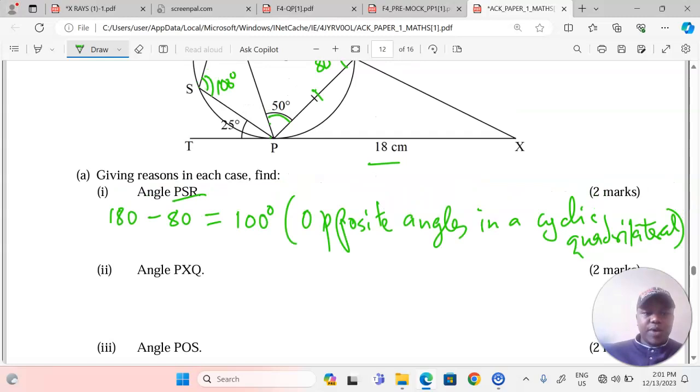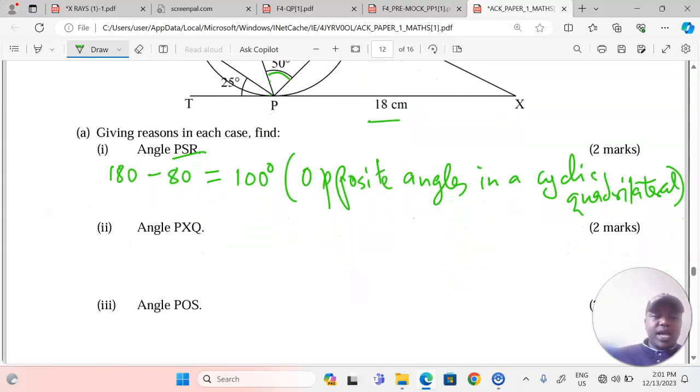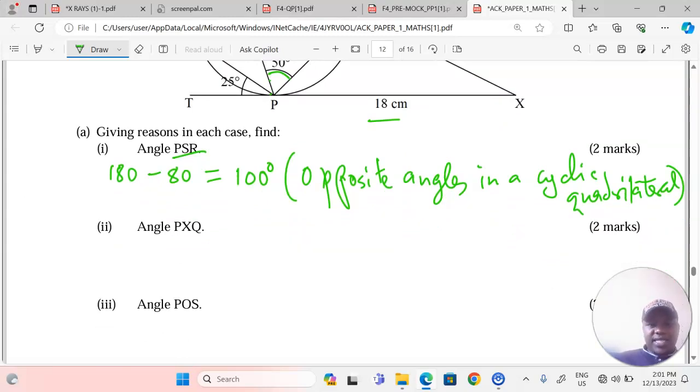So that is why we are taking 180 to subtract the known angle so that we may know the remaining angle. In part 2, we are told to find angle PXQ.